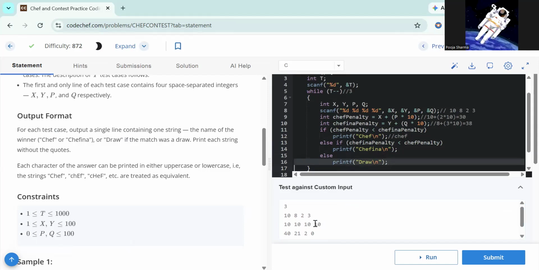And in the last one, Chefina's is smaller as I can see, but you can check your mathematical calculation. It will print Chefina. We have already discussed this. So the only logic is this formula and the if condition. I think we understood the question. So yeah, see you in the next video.